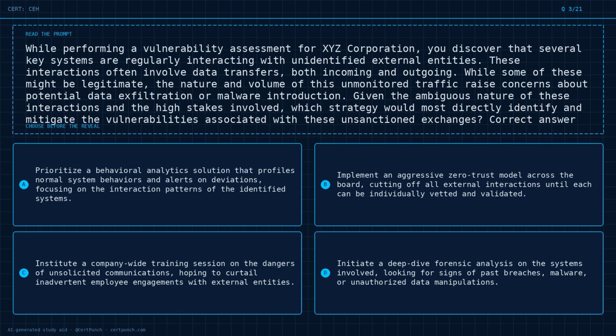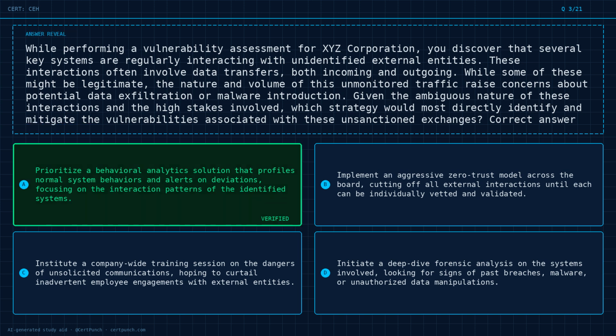Option C. Institute a company-wide training session on the dangers of unsolicited communications, hoping to curtail inadvertent employee engagements with external entities. Option D. Initiate a deep dive forensic analysis on the systems involved, looking for signs of past breaches, malware, or unauthorized data manipulations. Choose the best answer before the reveal. Commit to it now.